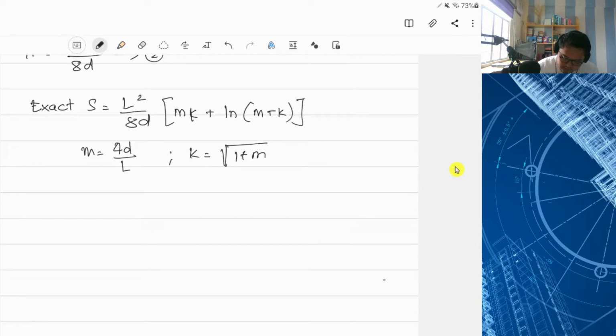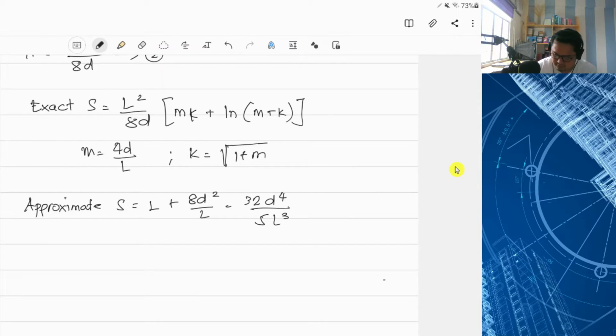There is also the approximate length of the cable S. Approximate S equals L plus 8D squared over 3L minus 32 D to the fourth over 5L cubed. This formula comes from the binomial theorem. The derivation is quite long, so I will not do it here.